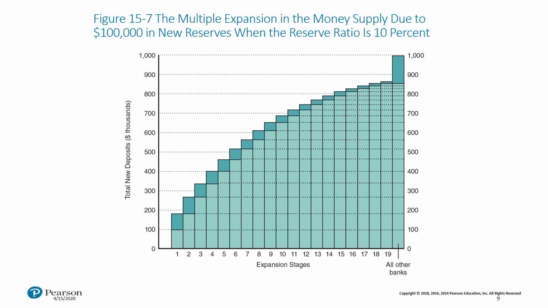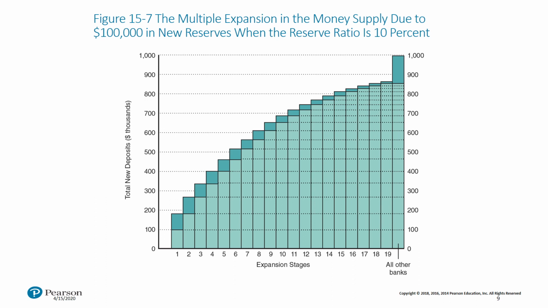Have a look at figure 15.7. It shows the multiple expansion in the money supply due to $100,000 in new reserves when the reserve ratio is 10%. The banks are all aligned in decreasing order of new deposits created. Bank 1 receives $100,000 in new reserves and lends out $90,000.